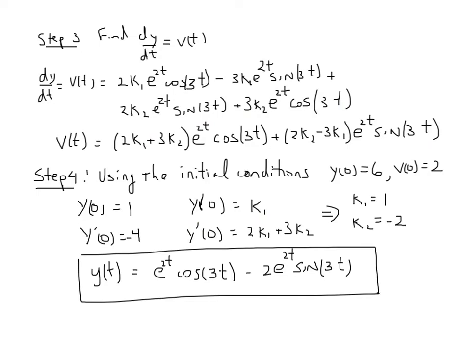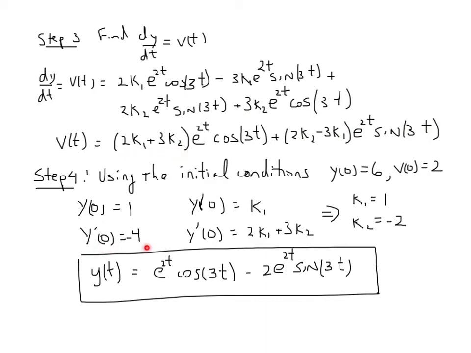But you can check for yourself that y at time 0 is k1, and y prime, you can see that here at time 0, the cosine of 3t at time 0 is a 1, e to the 2t is a 1, sine of 3t is a 0, so this entire expression cancels, and we're just left that the velocity at time 0 is just 2k1 plus 3k2, this expression.